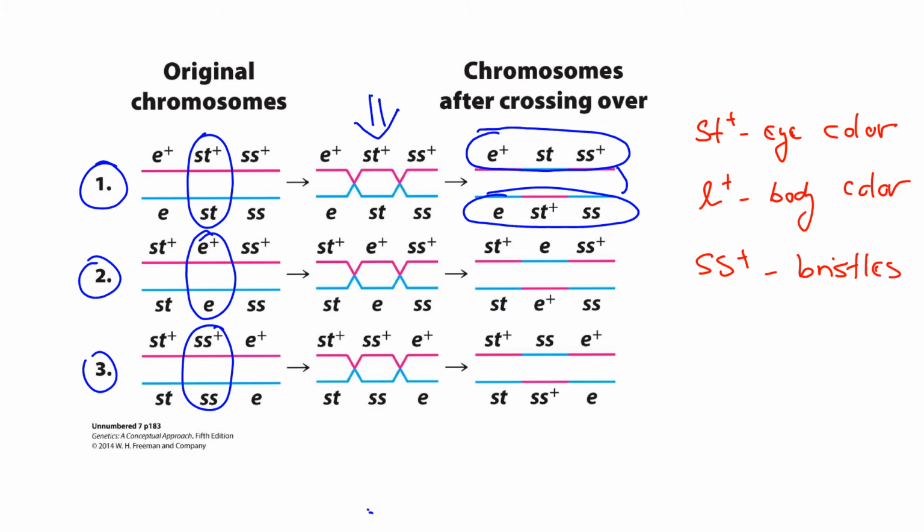If you look now in table 7.13, you will see that these offspring are not the least numerous. Actually, these are intermediate. This group of individuals has an intermediate number. It is 52 and 50. So this is not double crossing over. This is not the situation which happened.